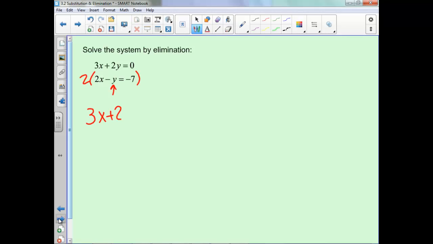So our first equation will stay. Our second equation becomes 4x minus 2y equals negative 14. So remember that 2 gets distributed to everything. Now notice our y's are opposite, so we can add them.